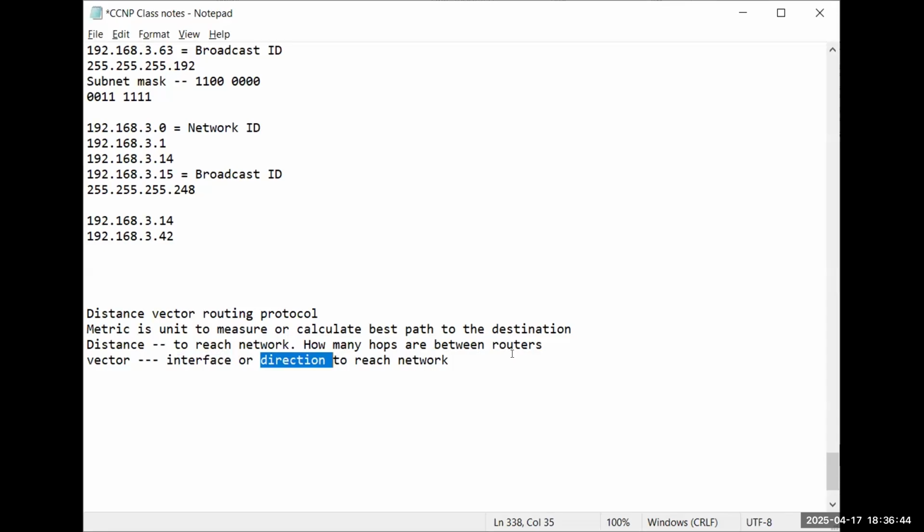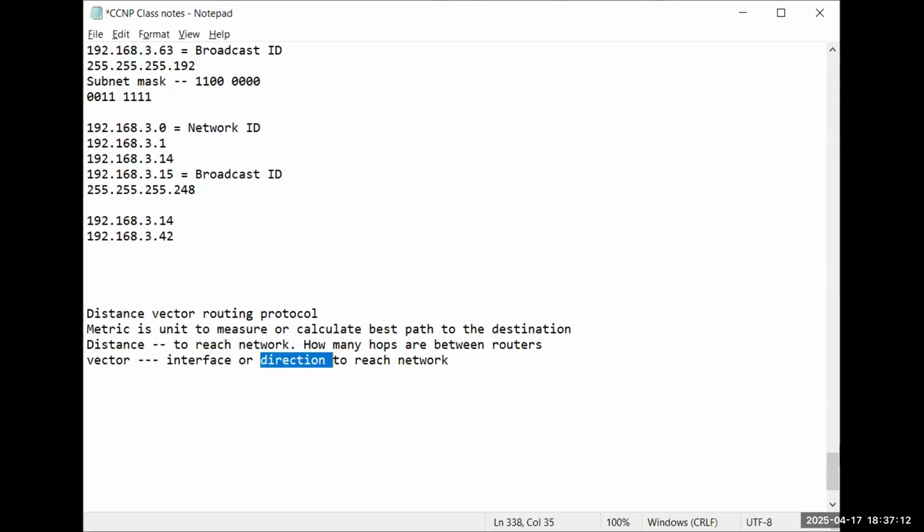So when a router receives the routing information, each router is going to advertise its own networks alone. It's going to advertise, and it's going to receive the directly connected neighbor routers' information as well.